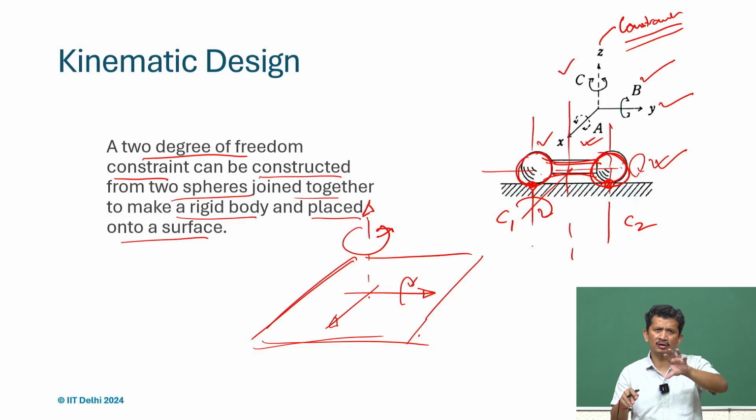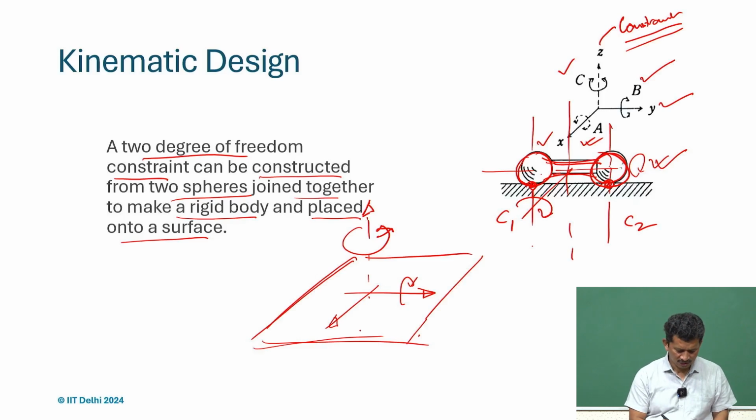If we try to rotate this way, this will impinge and this one C2 will lift up. So, again it is not a valid solution. So, it means this rotation again is constrained.